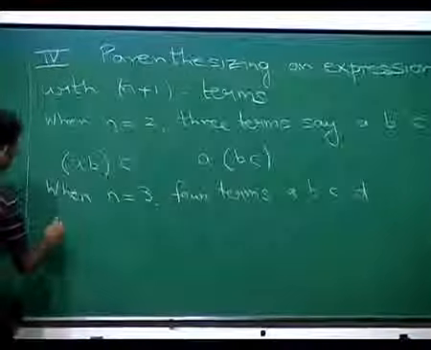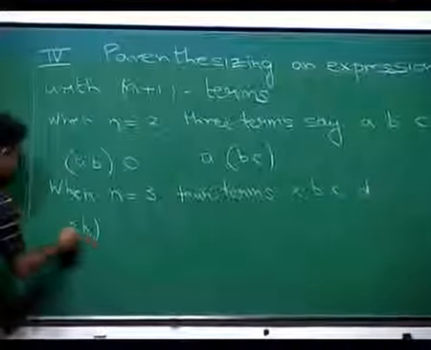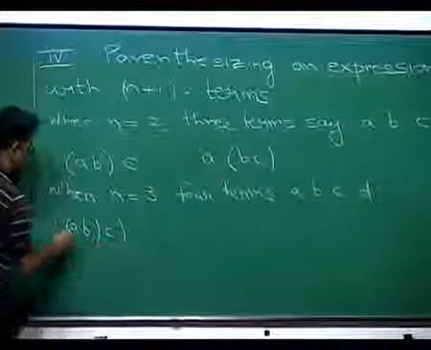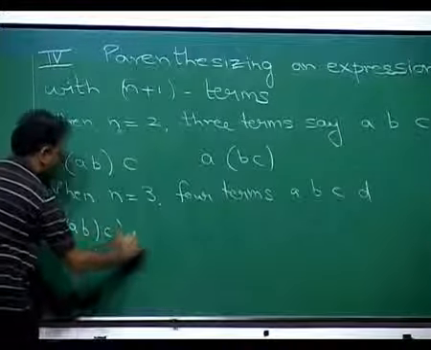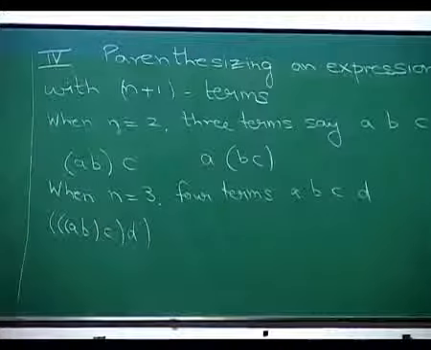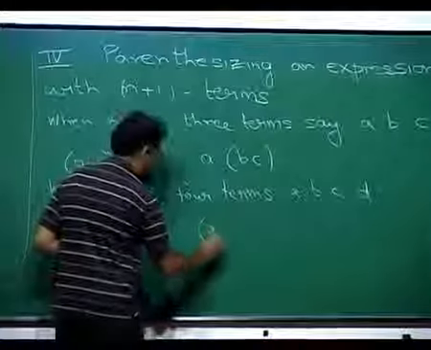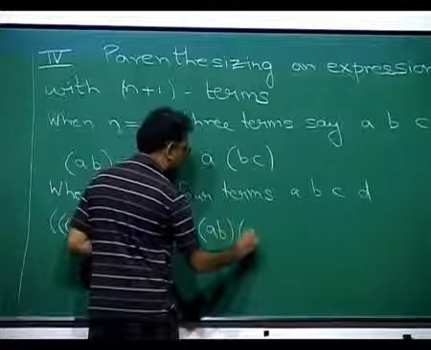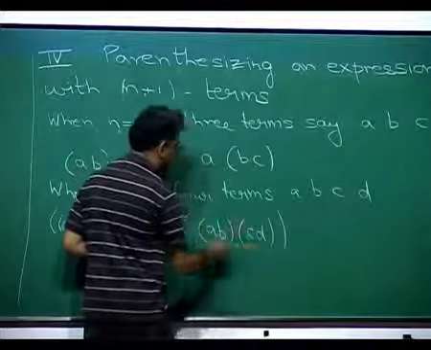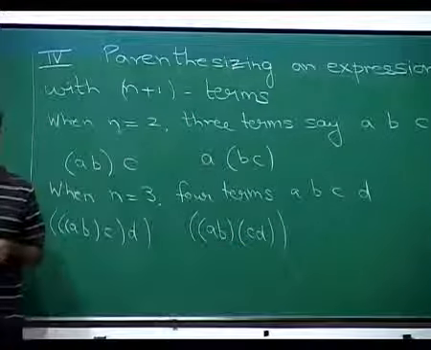So for example, you could first multiply A and B, then multiply the result with C, and then multiply that result with D. So this is one way of doing it. Or you could multiply A and B. You could also multiply C and D, and then multiply those 2.